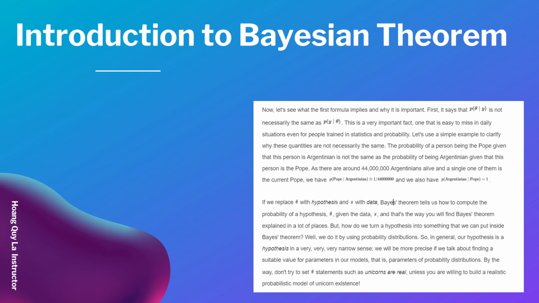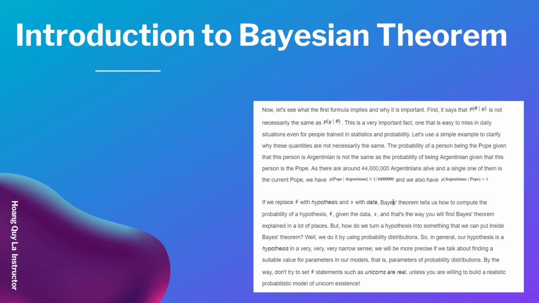The probability of a person being Pope, given that this person is Argentinian, is not the same as the probability of being Argentinian, given that this person is Pope. As there are around 44 million Argentinians alive, and a single one of them is currently Pope, we have p(Pope | Argentinian) roughly equal to 1 divided by 44 million, and we also have p(Argentinian | Pope) equal to 1.